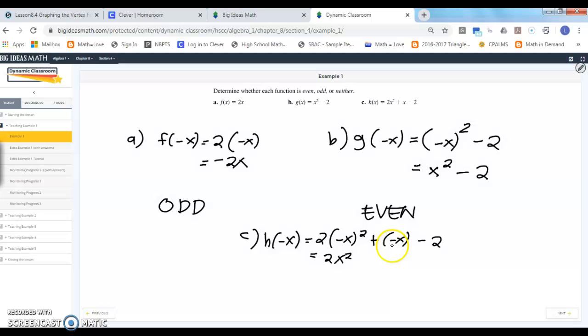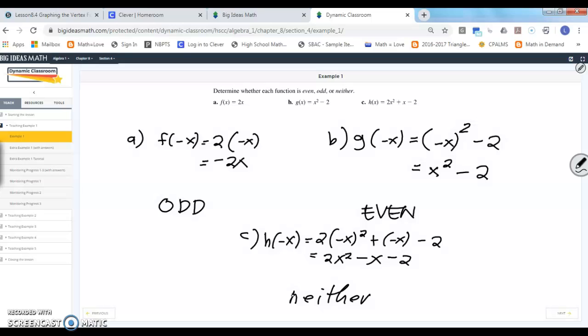Positive times negative is going to be negative x, and then negative 2 is negative 2. So this ended up to be the same as in the original, while this changed to its opposite and this stayed the same. The whole thing is not the negative of the original function. So that means this function is neither odd nor even.